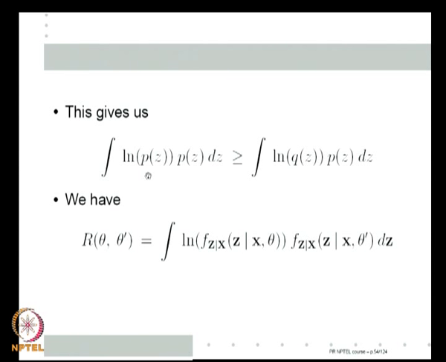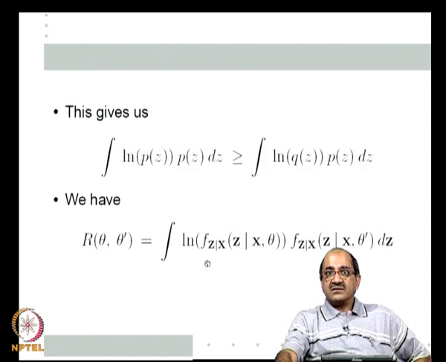So, I can think of this density, the conditional density when the value of theta is taken to be theta prime, as pz, and when it is taken to be theta, as qz. Then this becomes ln qz into pz dz. What will be our theta prime? It will be ln pz dz. Right.